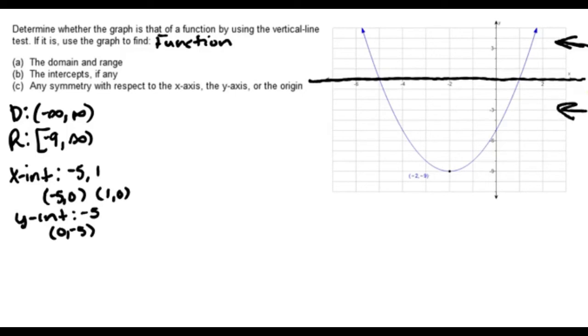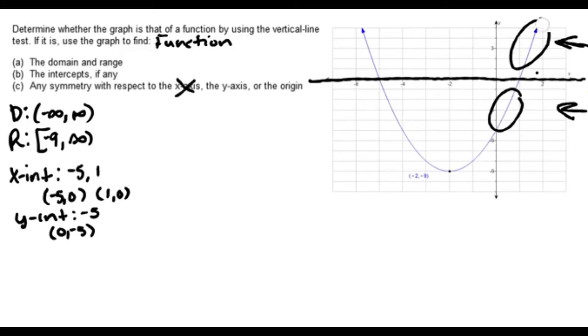So if you were to fold along this x-axis, you would have these pieces of the graph falling on top of each other or matching up. And you can see that would not happen with this particular graph. So this graph does not have x-axis symmetry.